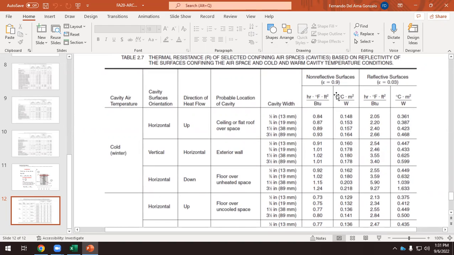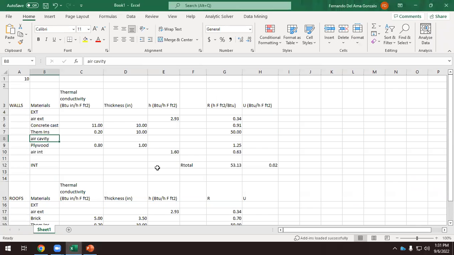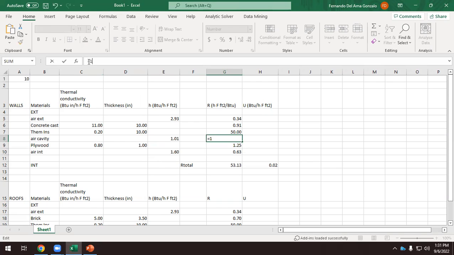But anyway, that thermal resistance of this cavity would be in vertical, let's say 1.01. And if it's an air cavity, this has to be 1 divided by this.